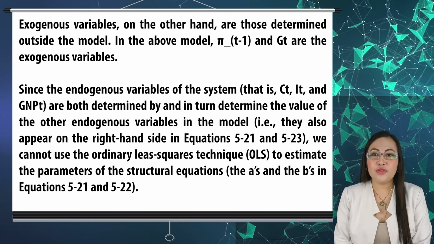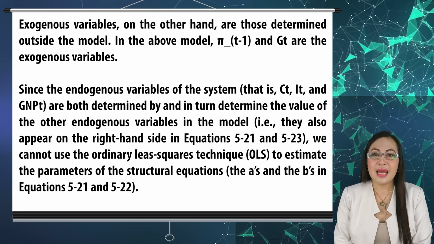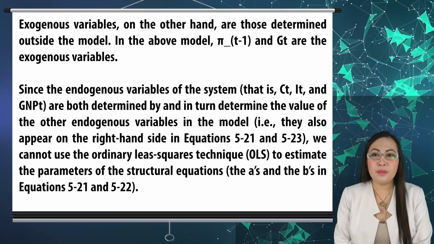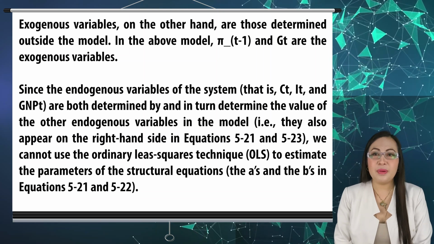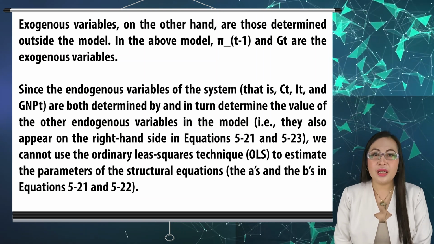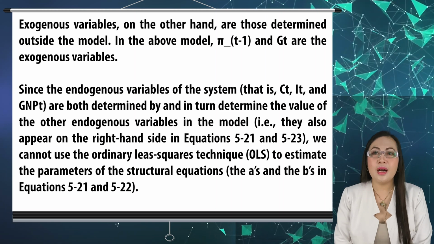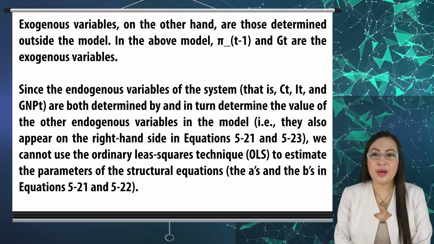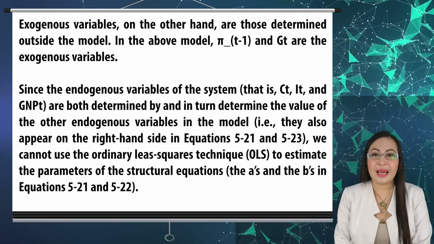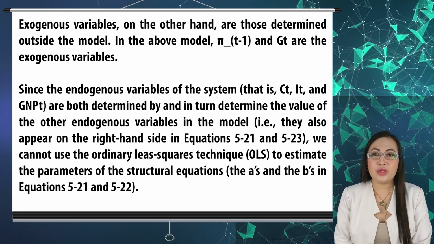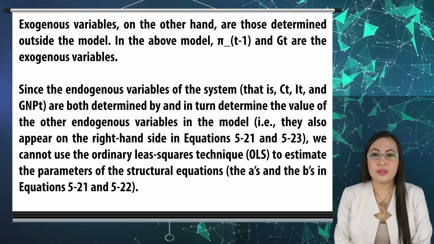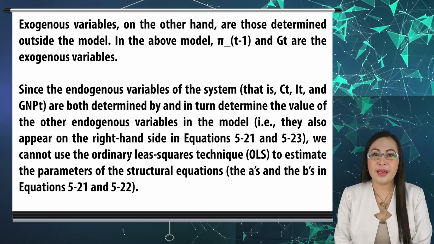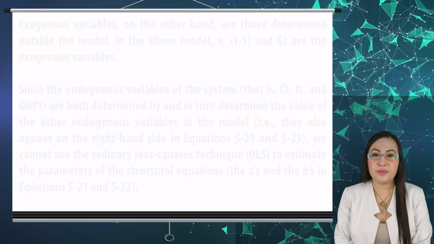Since the endogenous variables of the system, that is Ct, It, and GNPt, are both determined by and in turn determine the value of the other endogenous variables in the model, we cannot use the ordinary least squares technique or OLS to estimate the parameters of the structural equations, that is A's and B's in equations 5-21 and 5-22.